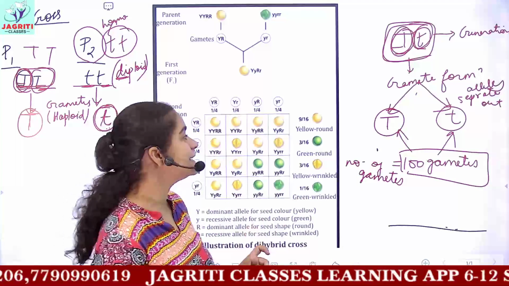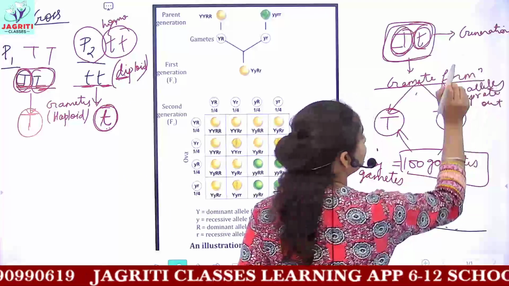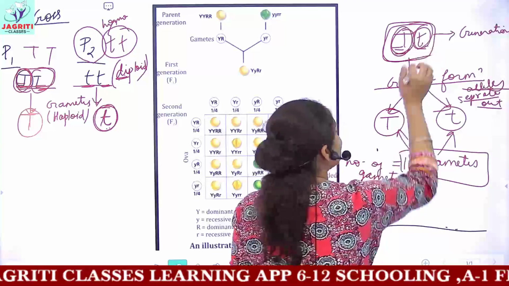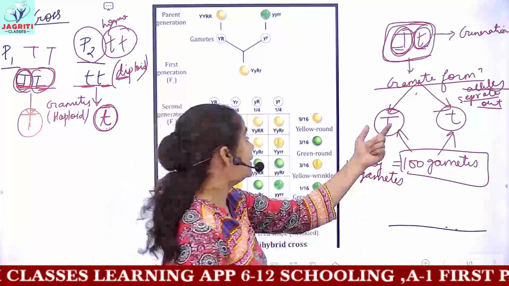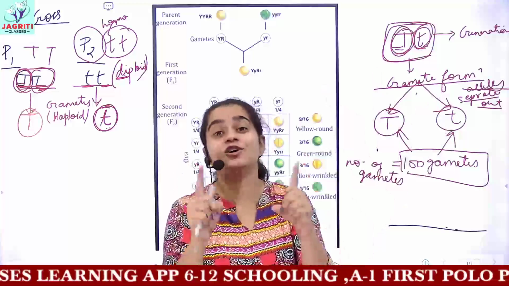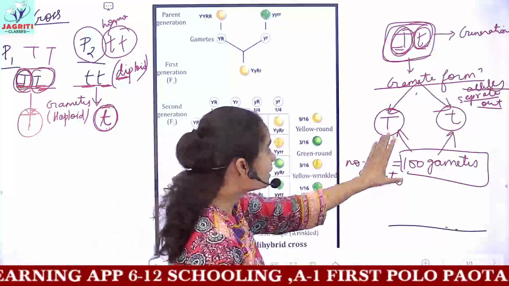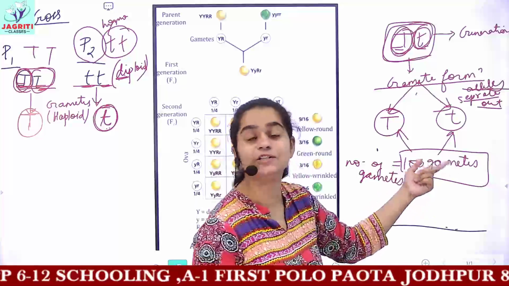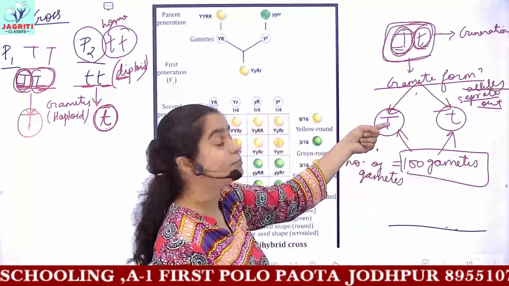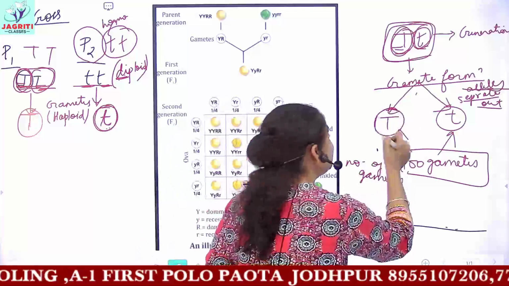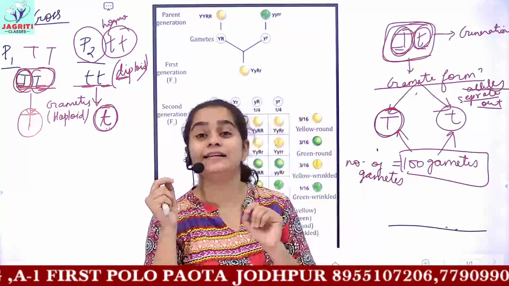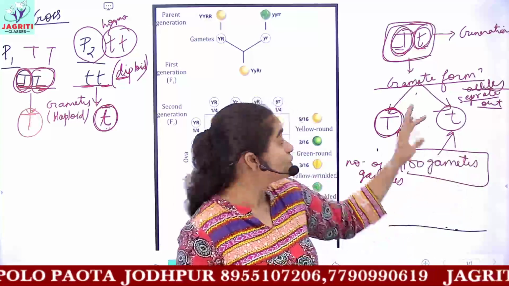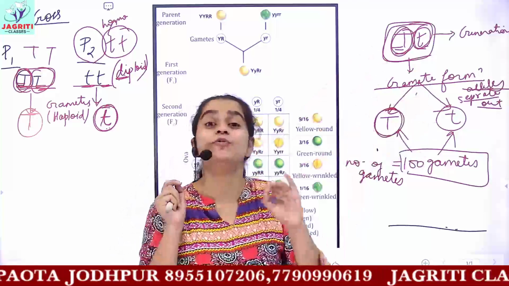So at the time of gamete formation, the alleles separate out from each other, and then you have two types of gametes. The total number of gametes may be anything, but if the total formed is 100, one type would be 50 gametes with the allele capital T, and the remaining 50 gametes would have the allele small t. So this is the process of how you form the gametes.